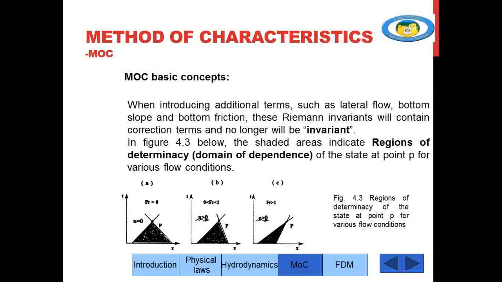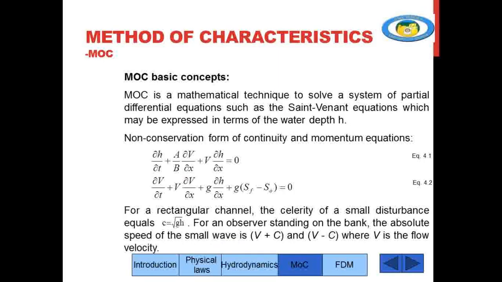In the earlier derivation of the Saint-Venant equation, if you do have lateral inflow Q, and if there is a friction slope SF and a bed slope S naught, then obviously SF minus S naught will no longer be 0. So under such circumstances, we cannot talk about the Riemann invariance.